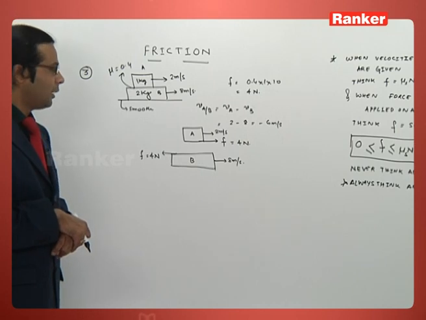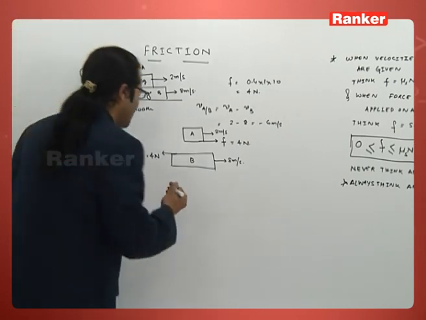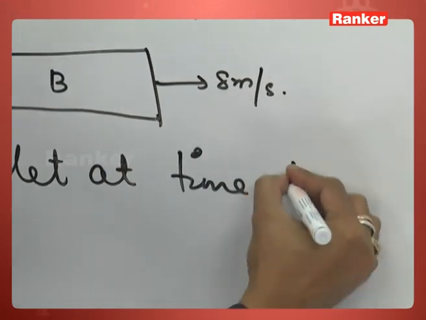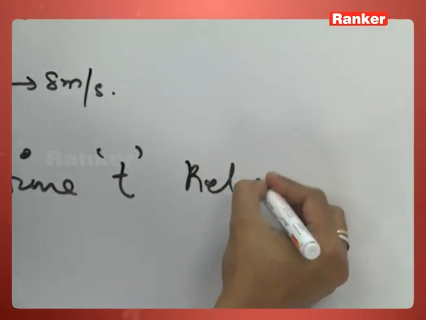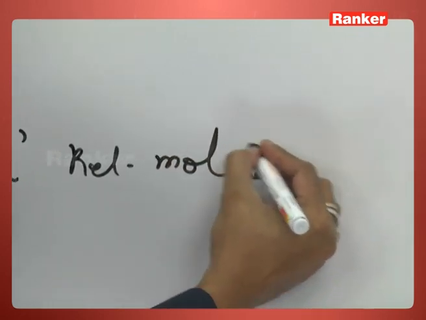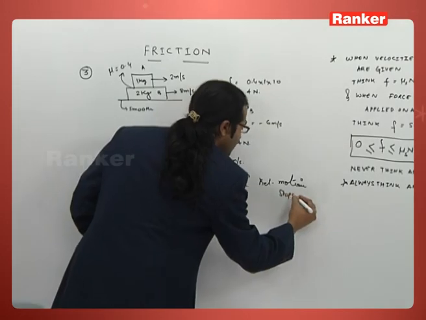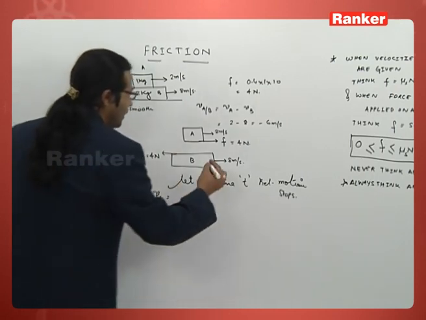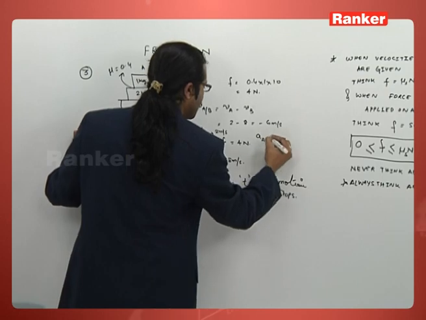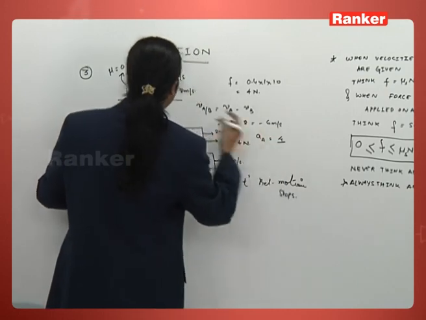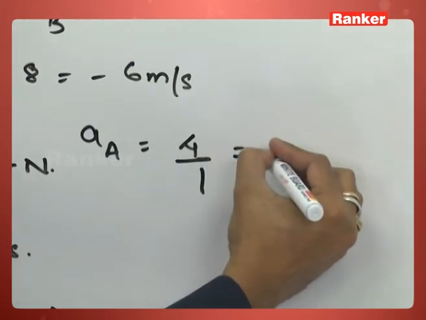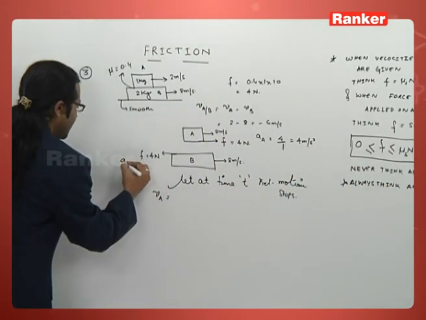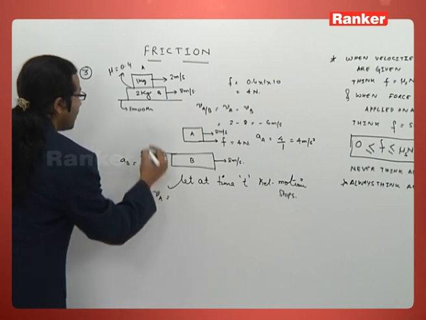Let us calculate those velocities. Let at time t relative motion stops. So velocity of A will be nothing but, let us calculate acceleration of A. Acceleration of A will be 4 divided by mass of block A. This is 4 meter per second square. Let us calculate the deceleration of block B. This is 4 divided by 2.